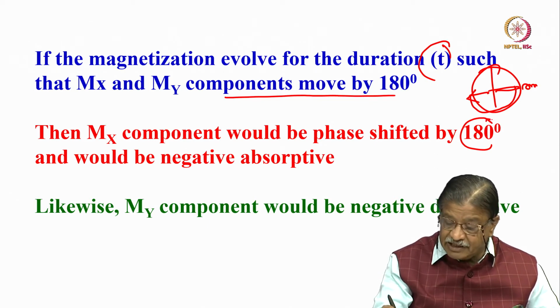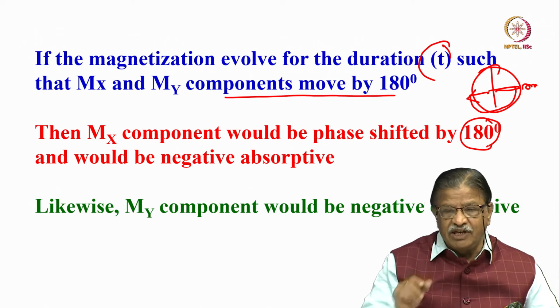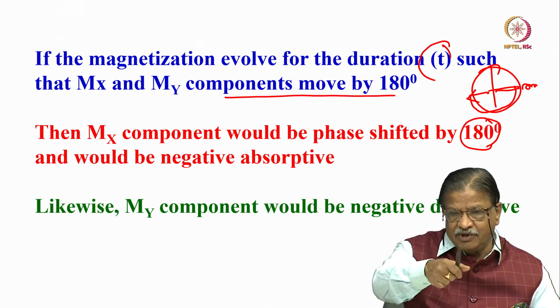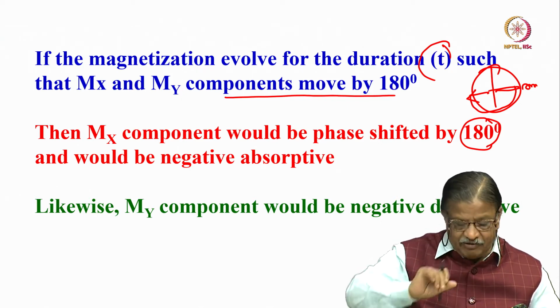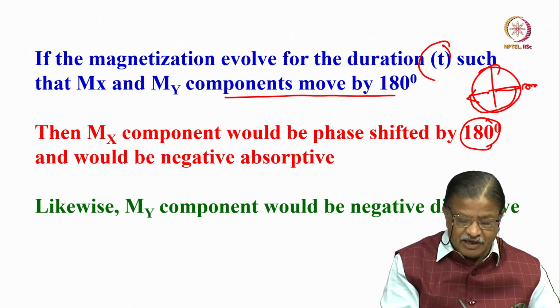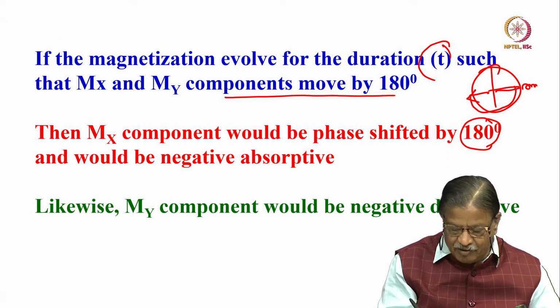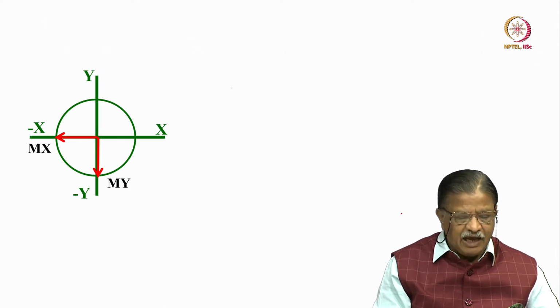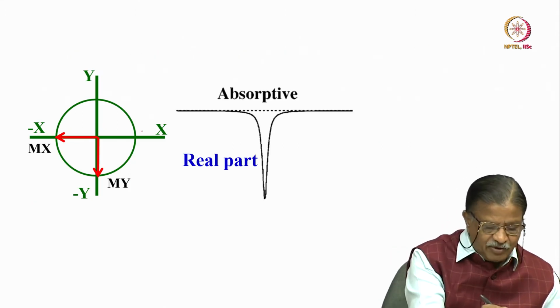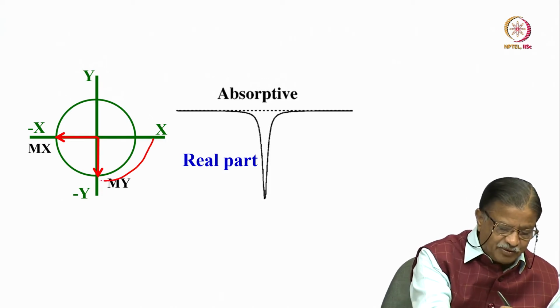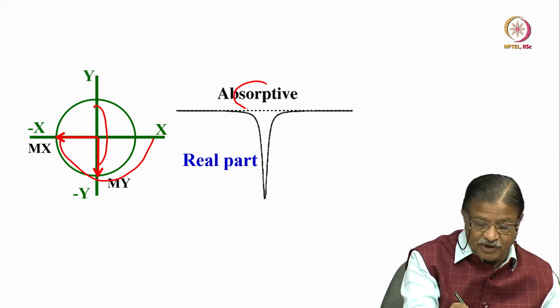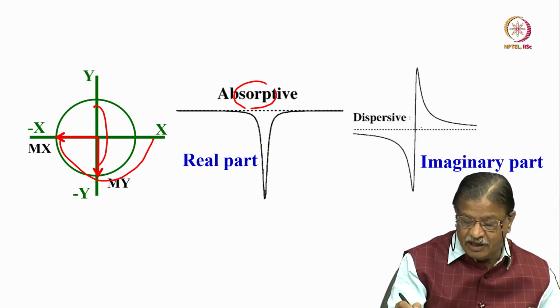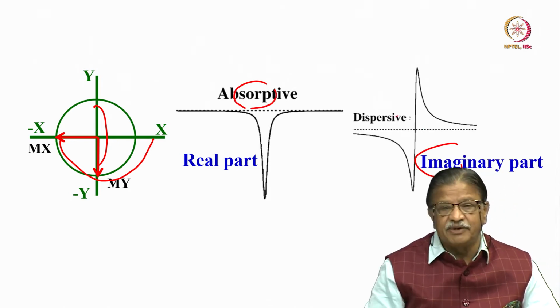It means there is a phase shift of 180 degrees. The positive absorptive component becomes negative absorptive. Similarly, the imaginary component becomes a negative dispersive signal. Mx has moved from here to here, My from here to here. So the real part is negative absorption and the imaginary part is negative dispersive.